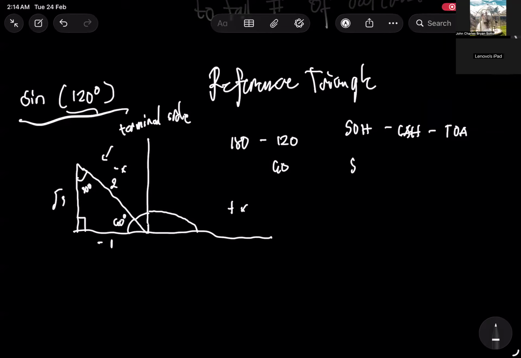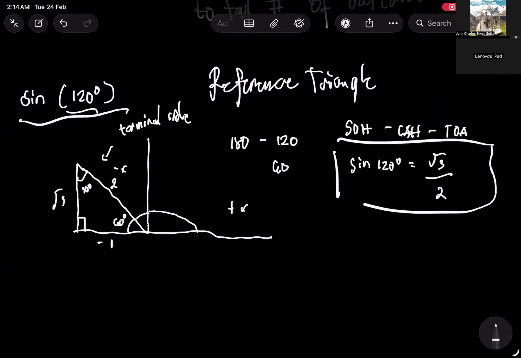So, sine 120 degrees is equal to, what's the sign? That's opposite, square root of 3, over, sabi doon, opposite over hypotenuse, so 2. So this is our answer. I didn't use a calculator. I just put it here. So that is sine 120.